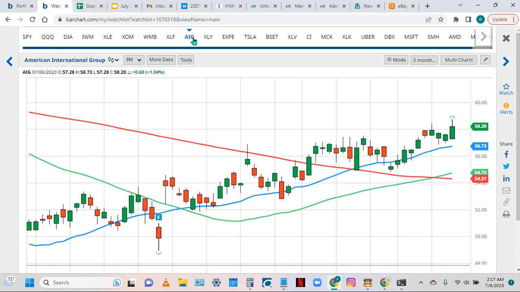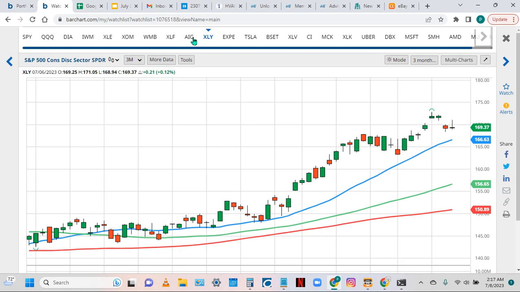I would consider AIG showing relative strength to the market because it didn't really have that sell-off on Thursday, and it closed green on Friday. So that looks positive for this upcoming week and upcoming month.